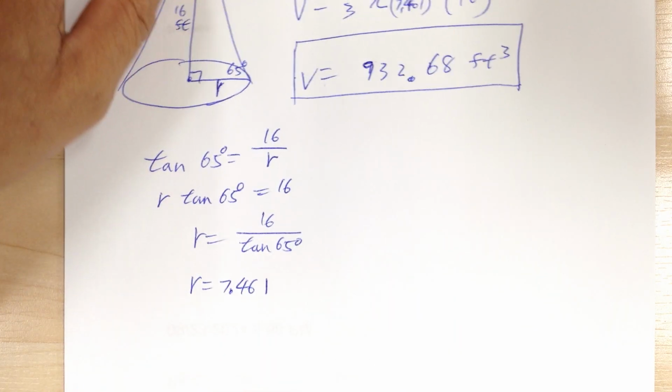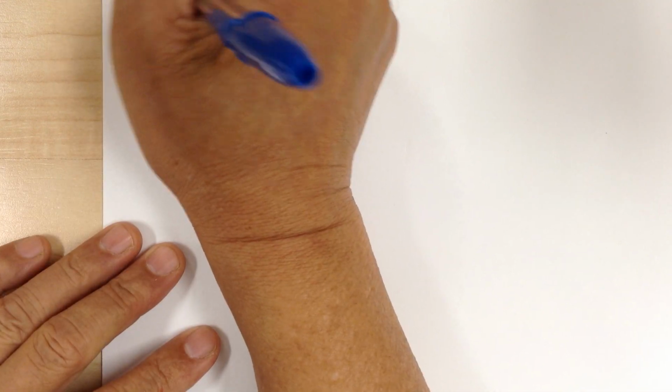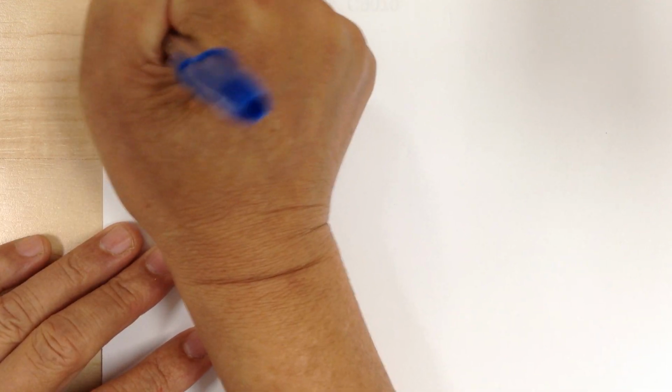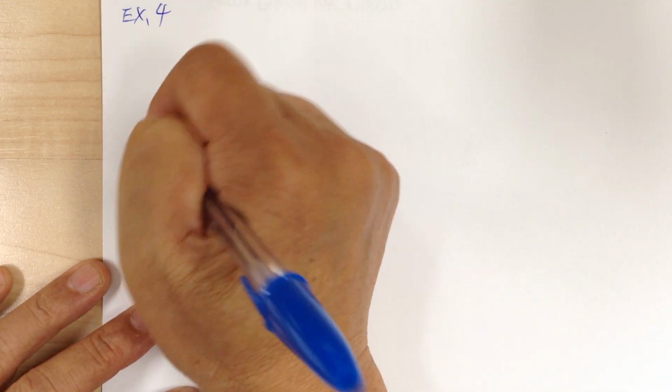Okay, let's go to example 4, page 831. Find the volume of a composite solid. Composite solid means you're combining more than one shape.